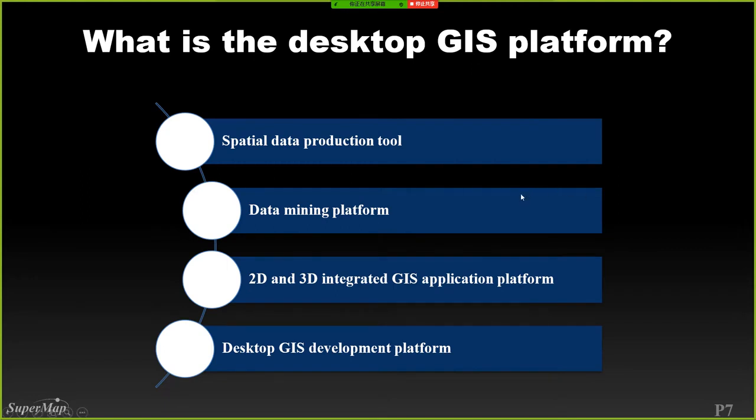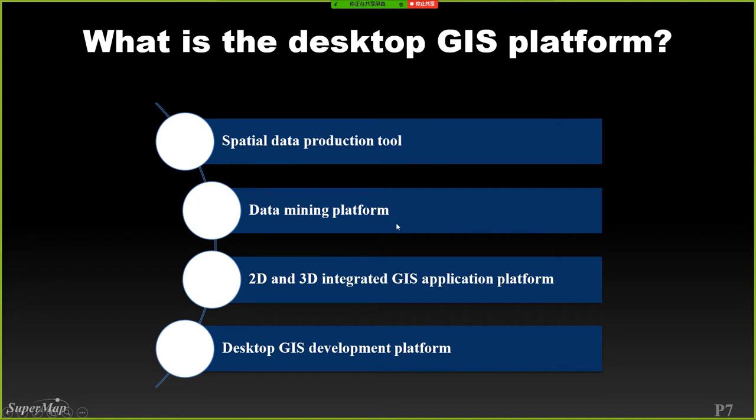Okay, it's a spatial data production tool. If we have a series of spatial data, we can browse, display, and even do some spatial analysis of this data on this platform, and mine the value of this data. That is, it's also the data mining platform.